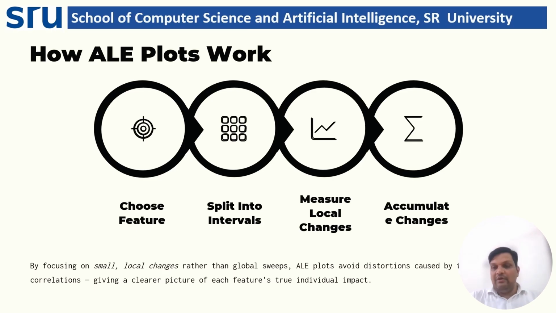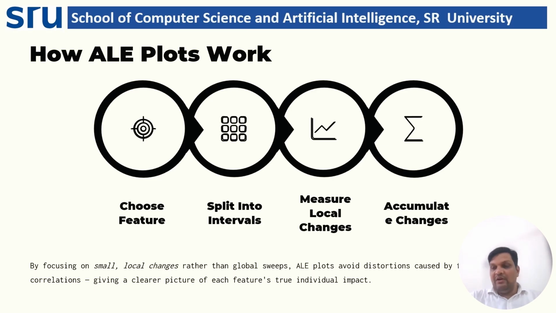How do ALE plots work? Here, choose a feature, split into intervals, measure local changes, accumulate the changes. By focusing on small local changes rather than global ones, we can say that an ALE plot shows the average effect of a feature on the model's output.